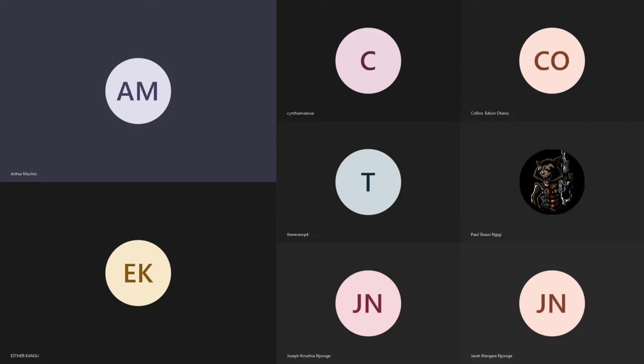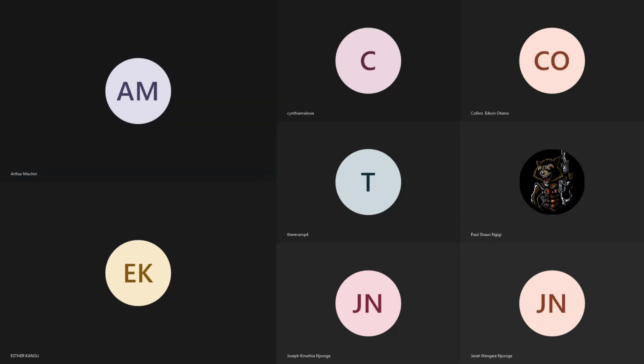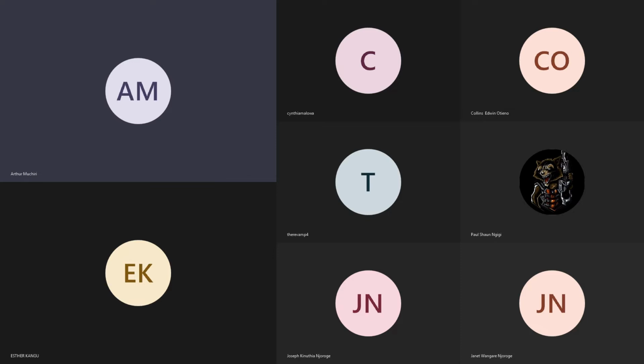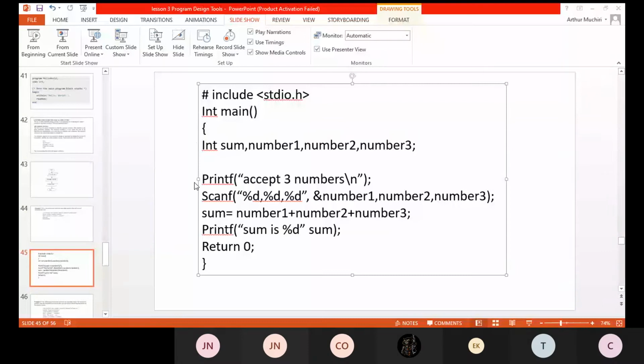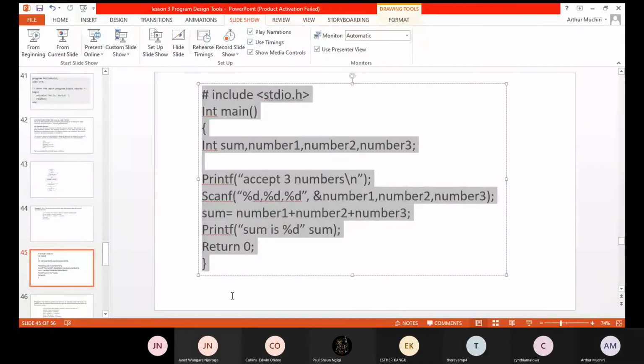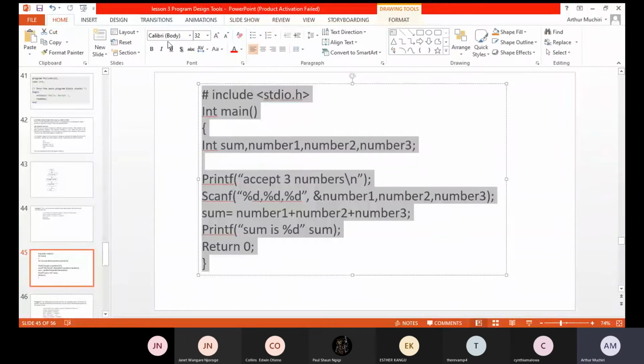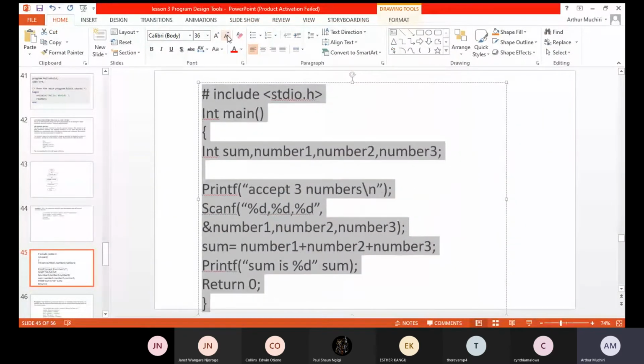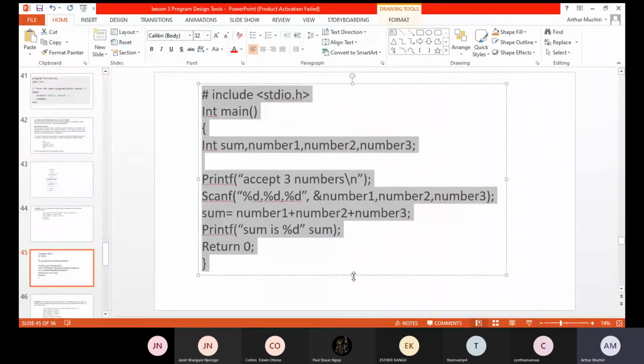I'm just going to do something here, something small. Then share. I think now you can see the screen. So you're interpreting this program into an equivalent flowchart.